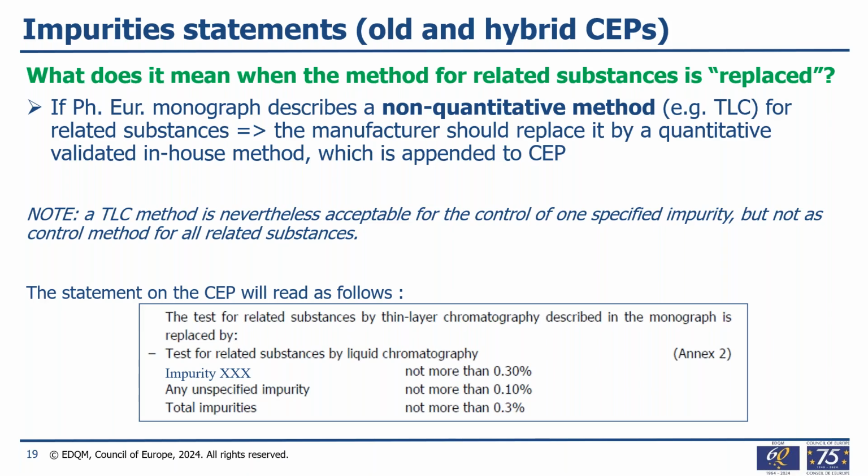A TLC method can be acceptable for control of one, for example, specified impurity, but it cannot cover all the tests for related substances. In this case, the statement on the CEP will be as follows: the test for related substances by thin layer chromatography described in the monograph is replaced by the test by liquid chromatography in-house test, and the limits are stated on the CEP.